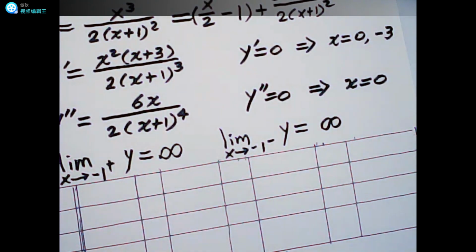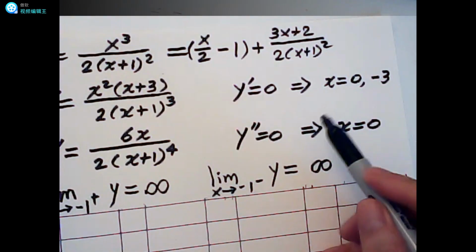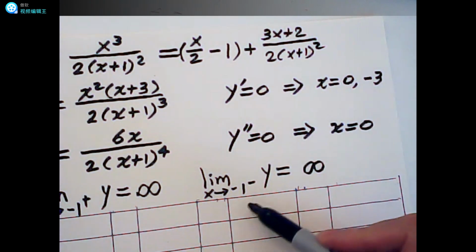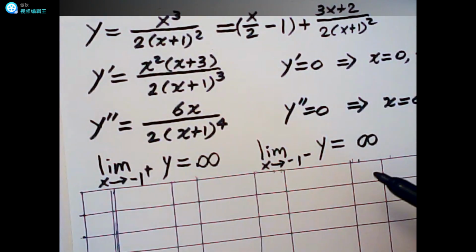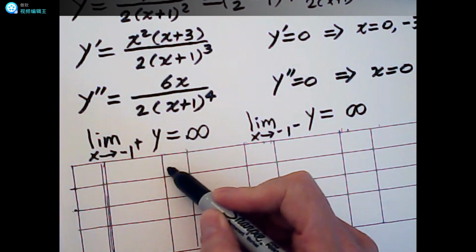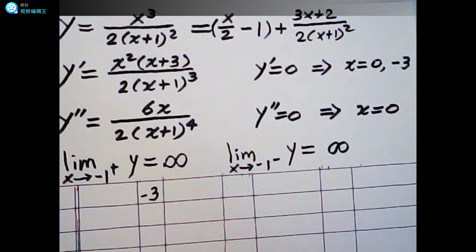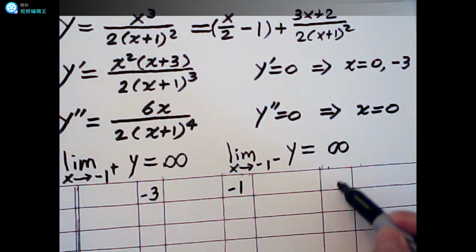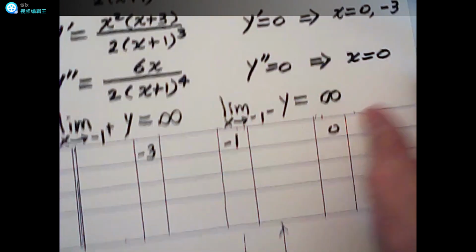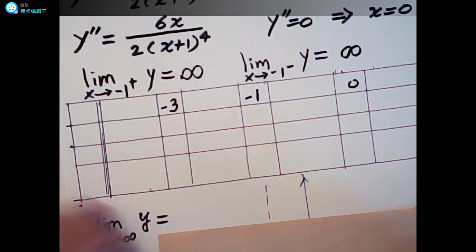Then we know that 0, minus 3, and negative 1 are the 3 points of x that we need to discuss. So this is minus 3, this is minus 1, this is 0. These 3 points divide the whole interval into 4 sub-intervals.